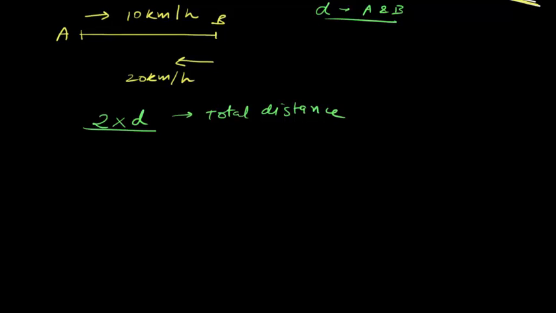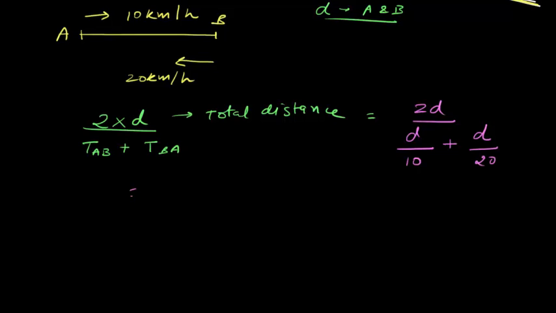Total time taken is the time taken in going from A to B, plus the time taken in coming from B to A. So this is equal to total distance 2D over the time taken going from A to B, which is distance D divided by the speed of the person, 10, plus the time taken from B to A, again distance D divided by the speed of the person, 20.